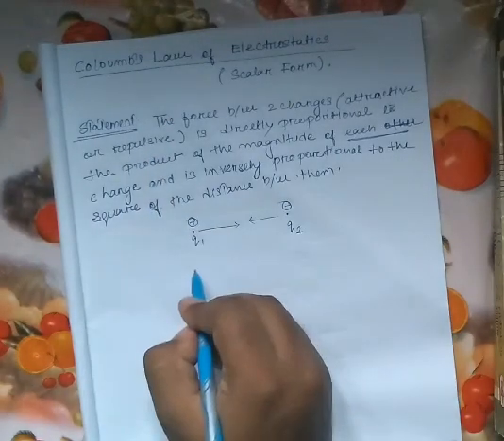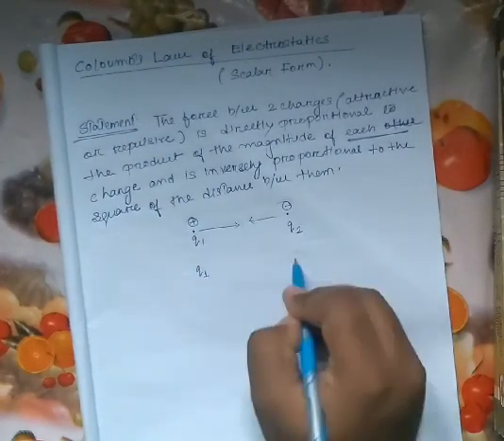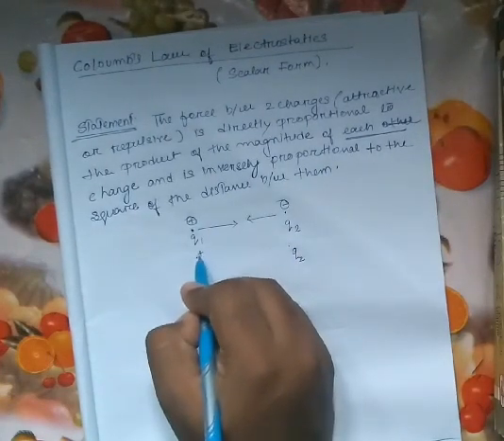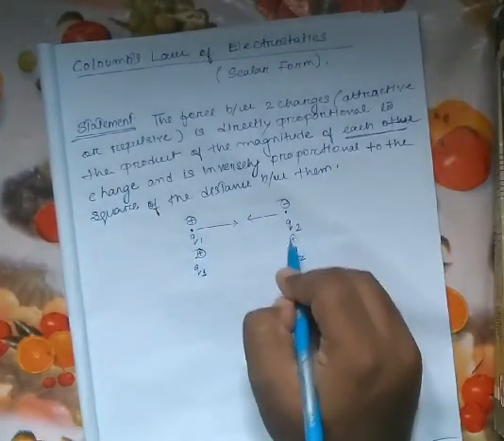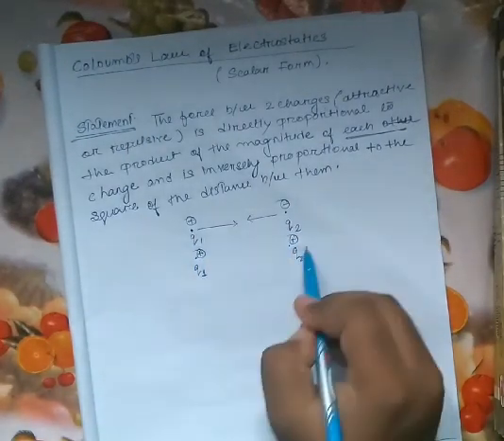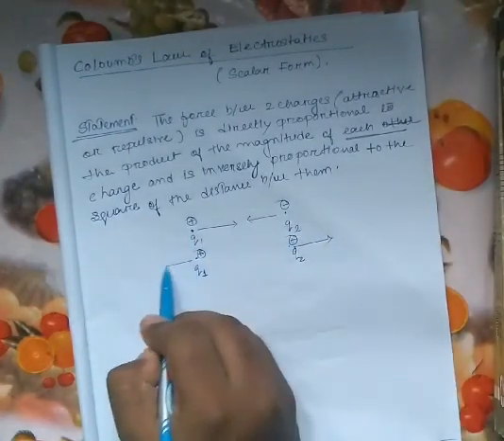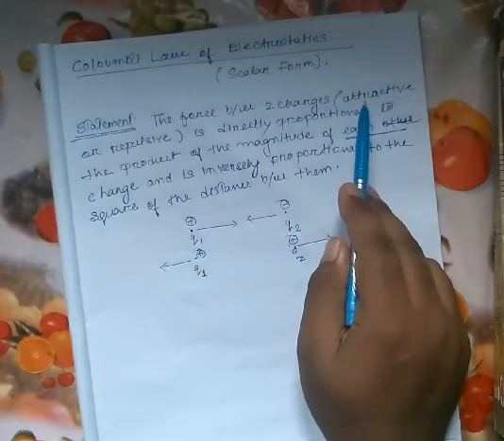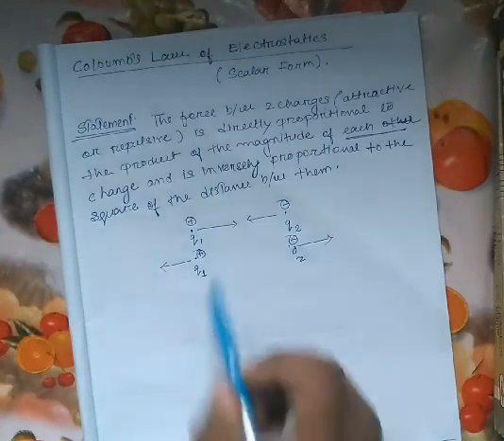And repulsive in the sense, if both point charges are of the same character, this one is positive and this one is positive, so they will obviously repel each other. This is what it meant when it said attractive or repulsive.